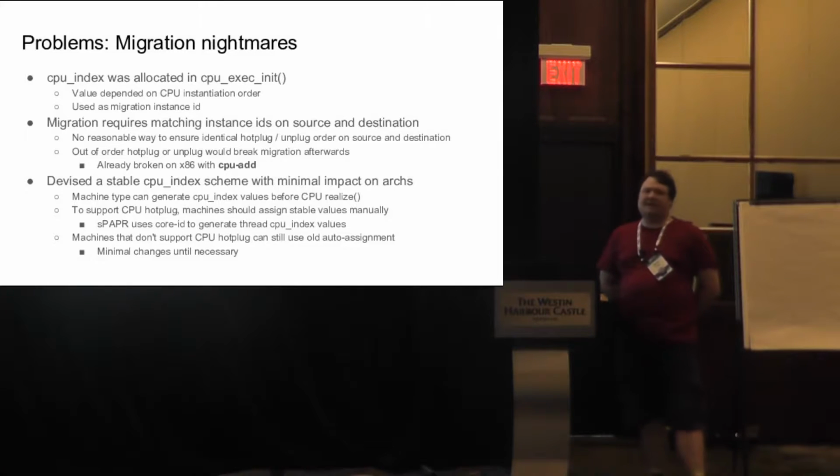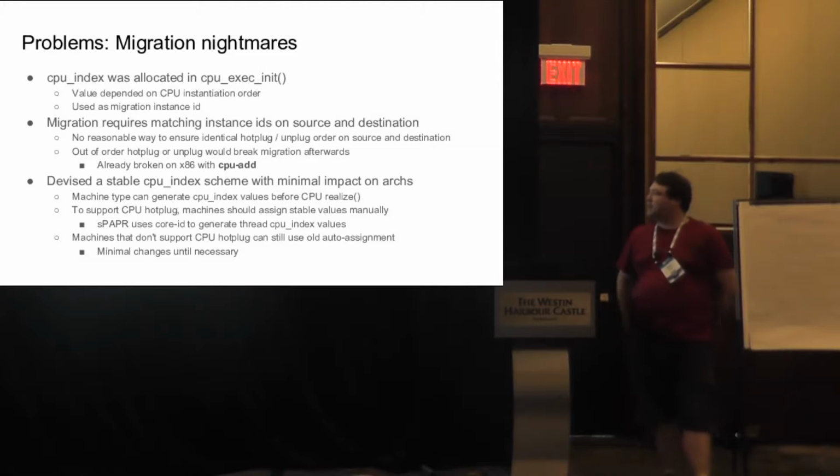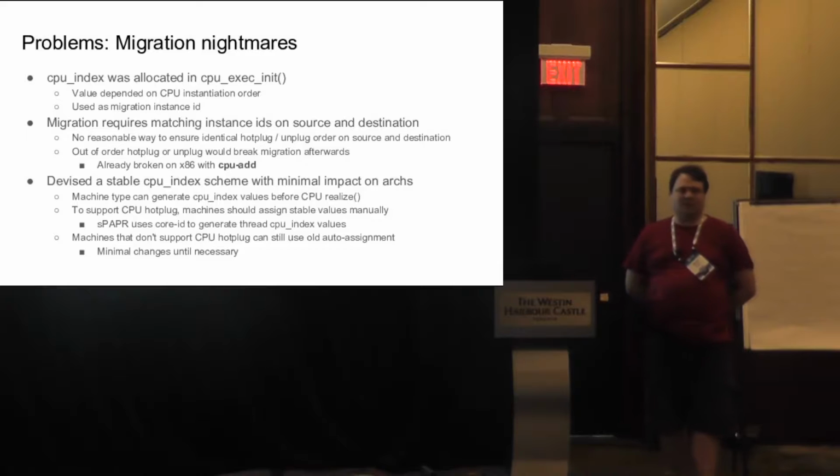In particular, CPU index is used as the migration ID, and if the migration ID doesn't match on the source and the destination, then nothing works. Obviously, you can't reasonably ensure that you plug and unplug things in exactly the same matching order on the source and destination.